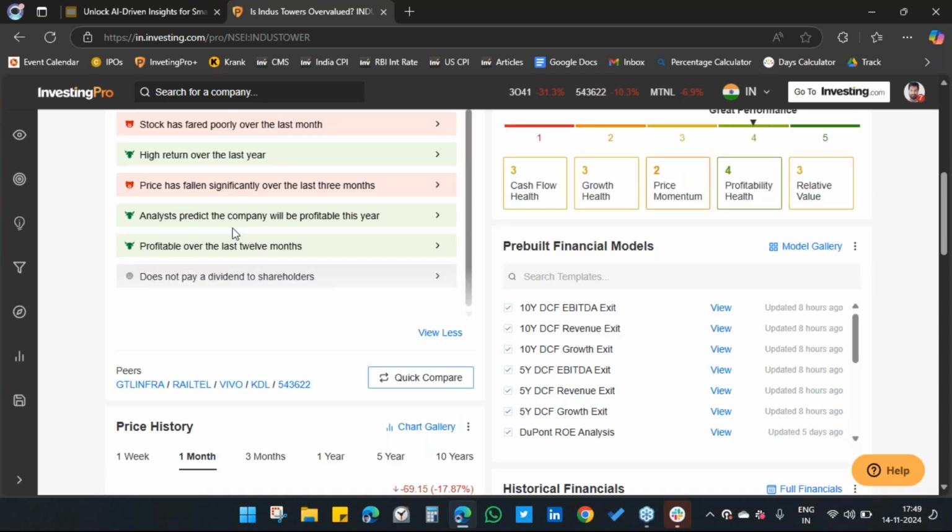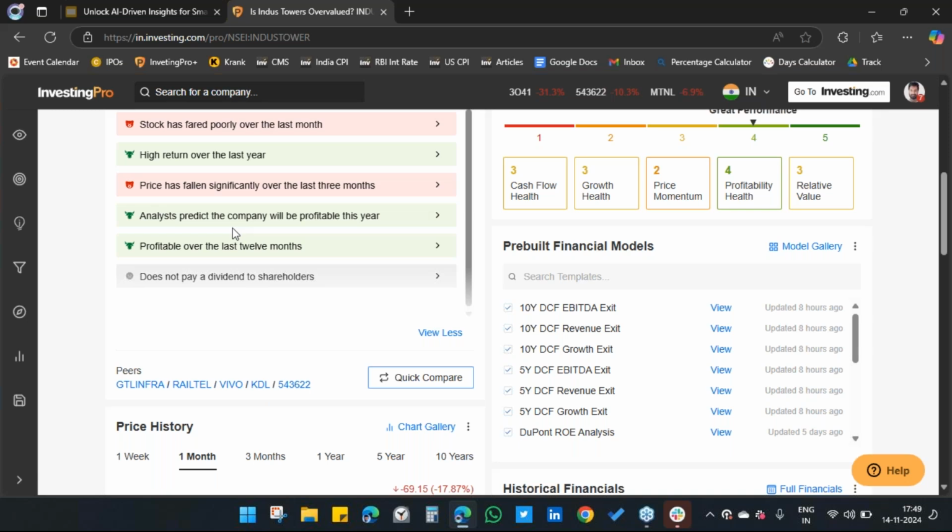Again, analysts predict the company will be profitable this year. Analysts means all these brokerage houses and institutions that come out with stock reports generally after their earnings. It is also being combined in Investing Pro. So you don't have to manually look at what Morgan Stanley, JP Morgan, or Bernstein is saying.